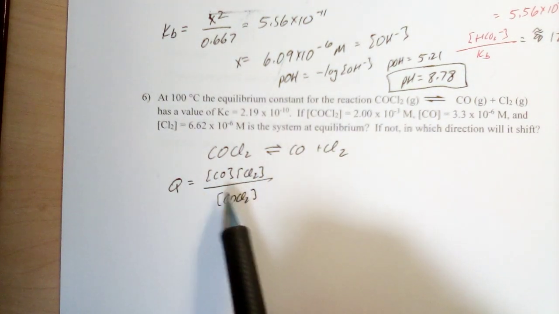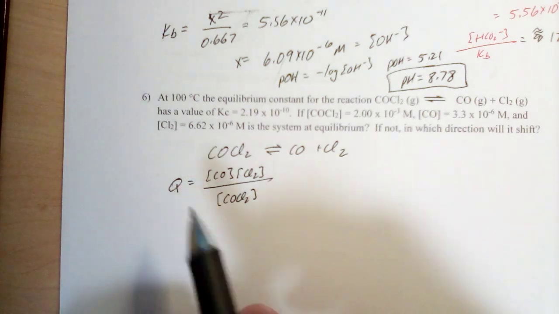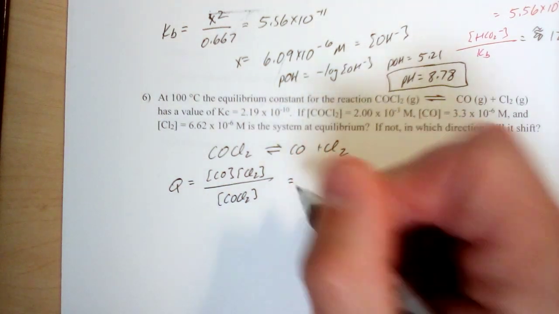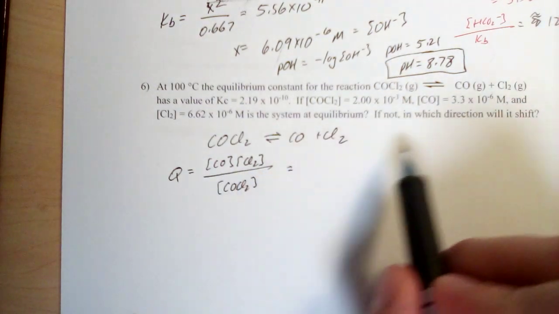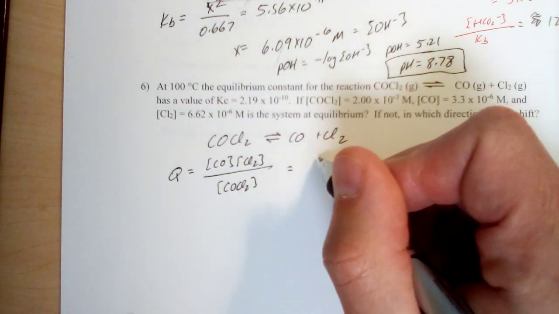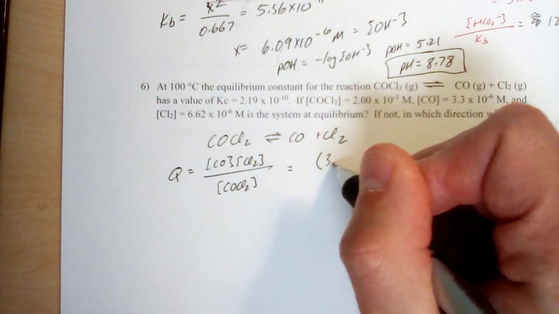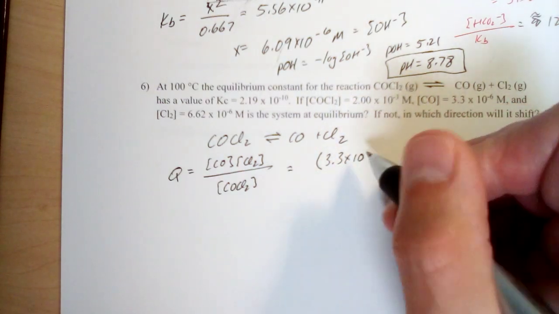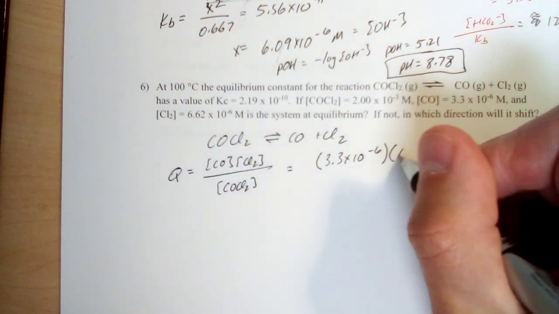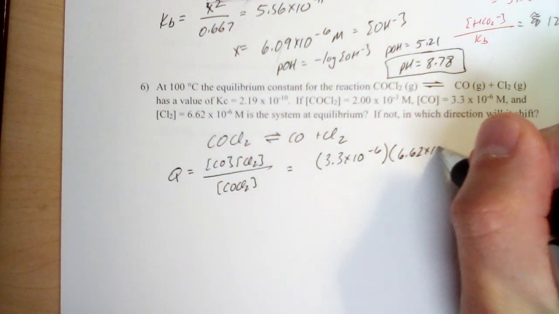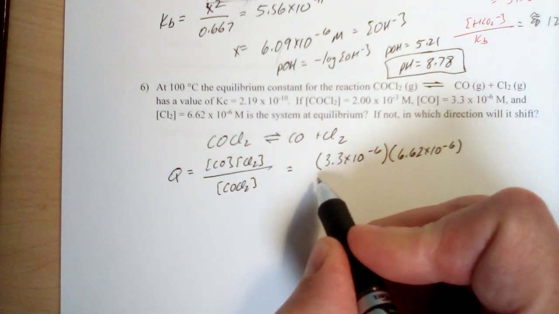So if we plug in all our concentrations, we can solve for Q. And again, comparing that to K will give us the ability to determine which way this is going to shift. So the carbon monoxide concentration is 3.3 times 10 to the minus 6th. The chlorine concentration is 6.62 times 10 to the minus 6th.